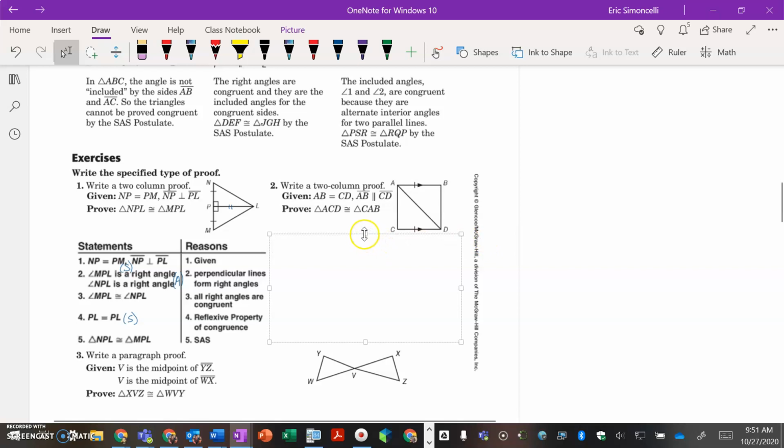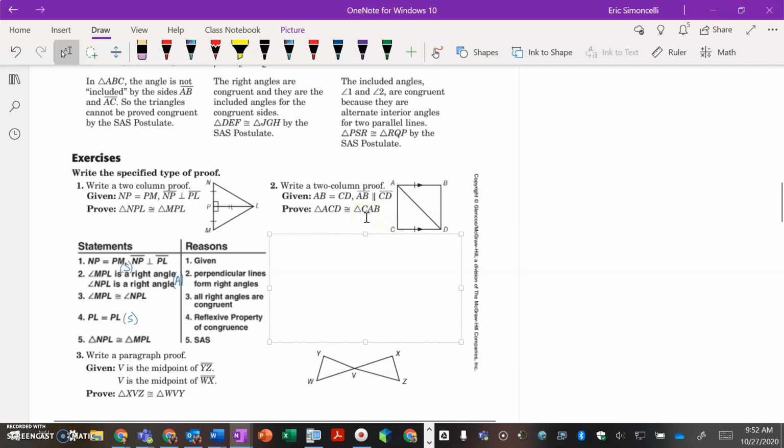So we've got a two-column proof again to distinguish. We're told or given that AB is equal to CD. AB is parallel to CD, therefore prove that triangle ACD is congruent to triangle CAB. So ACD is congruent, hopefully, to CAB, which I think we might have to adjust.